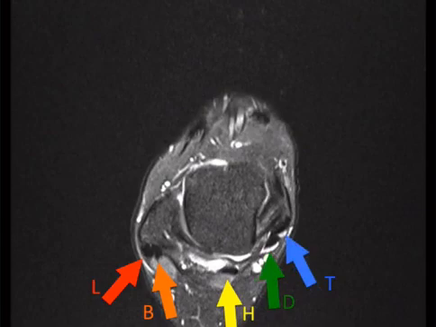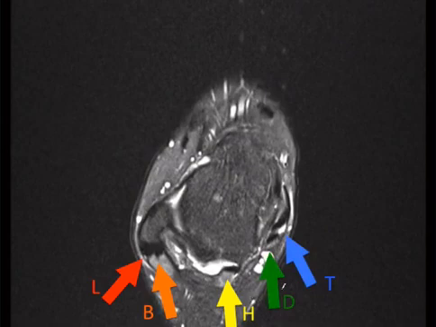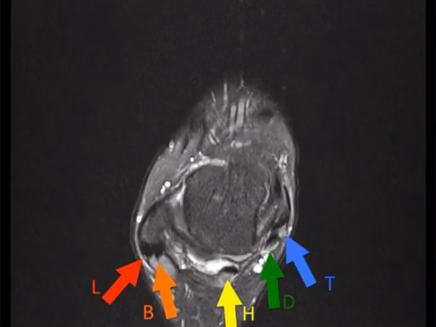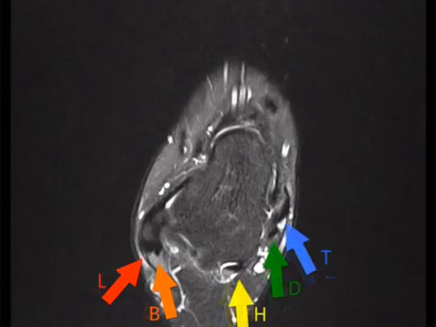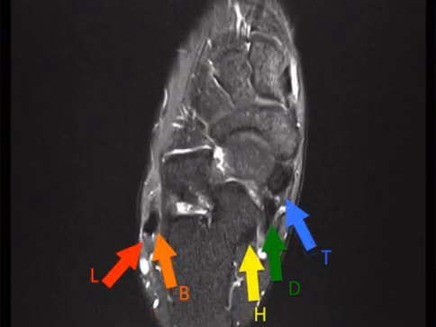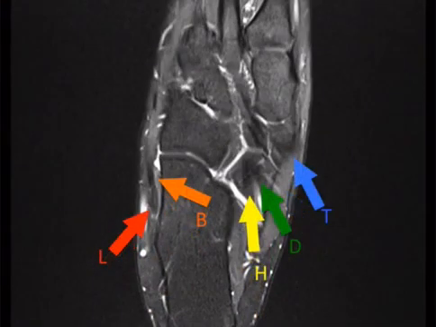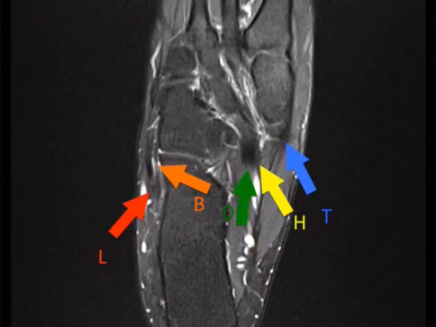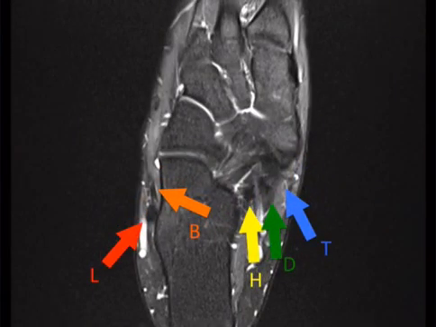So let's scroll through this, and we're going to watch. Now, what I want you to pay attention to is the relationship between Harry and Dick. As we scroll, keep watching them. Right here. See this? They're going to cross. Because hallucis is going to the big toe, right?